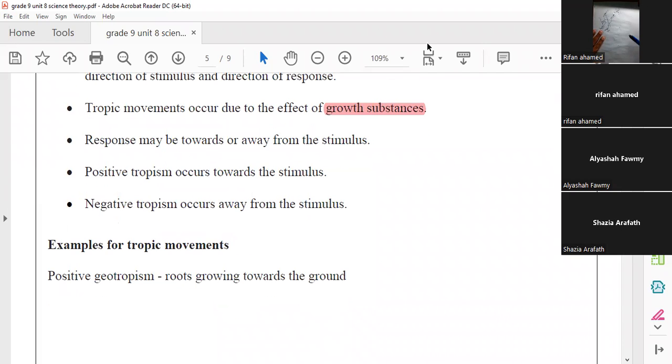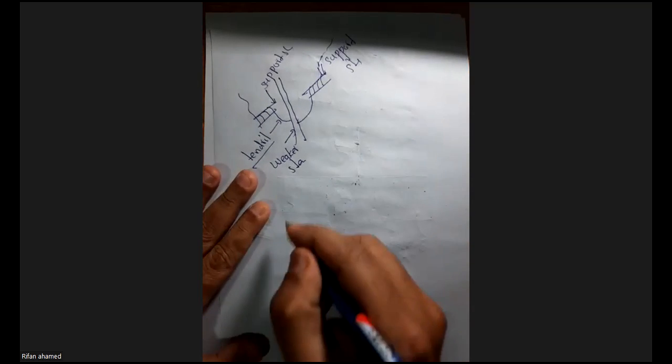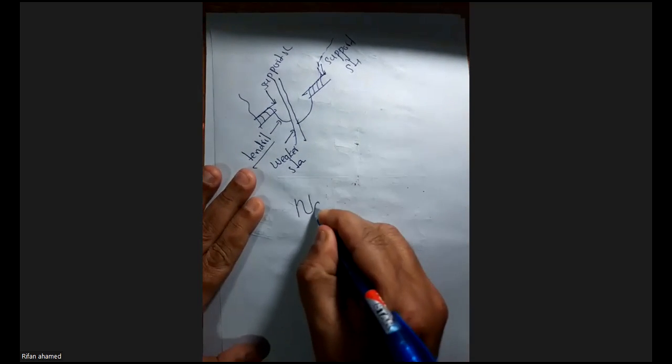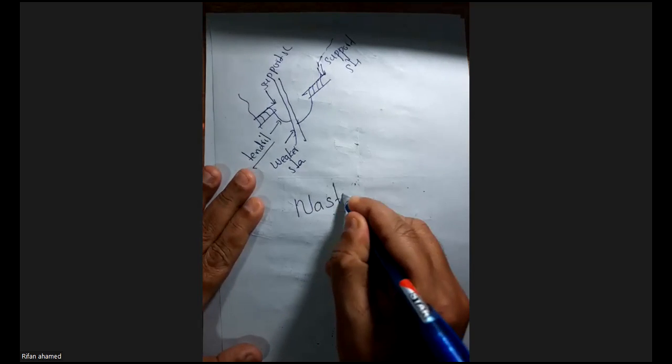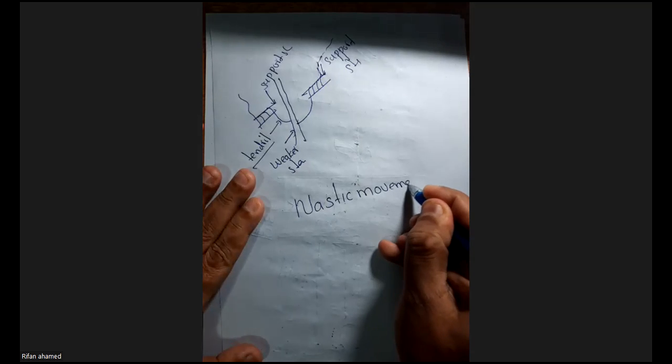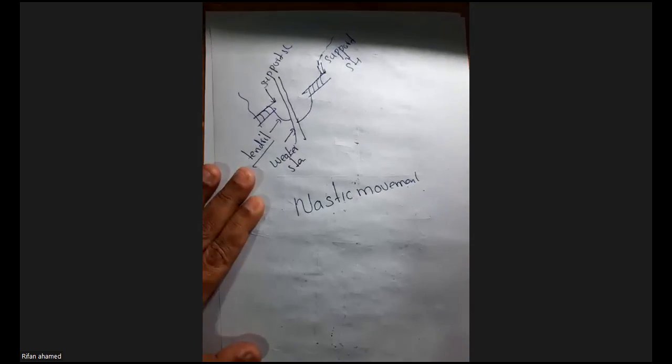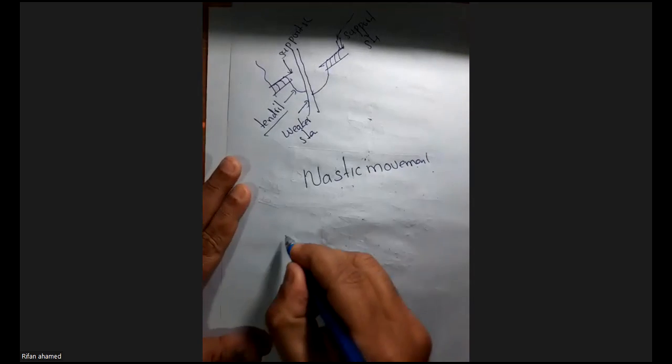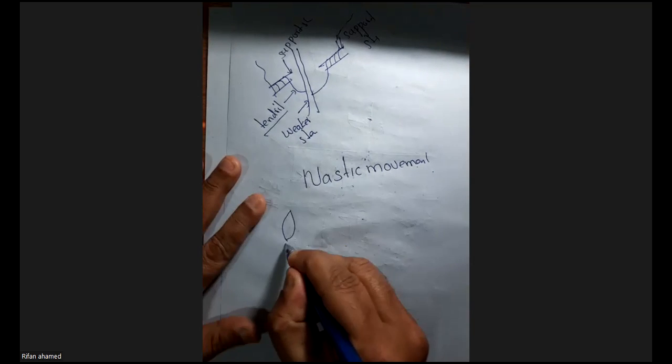Now let's come to the next one. That is called what kind of movement? Nastic movement. Simply telling you, nastic movement is like this. There is a flower bud.